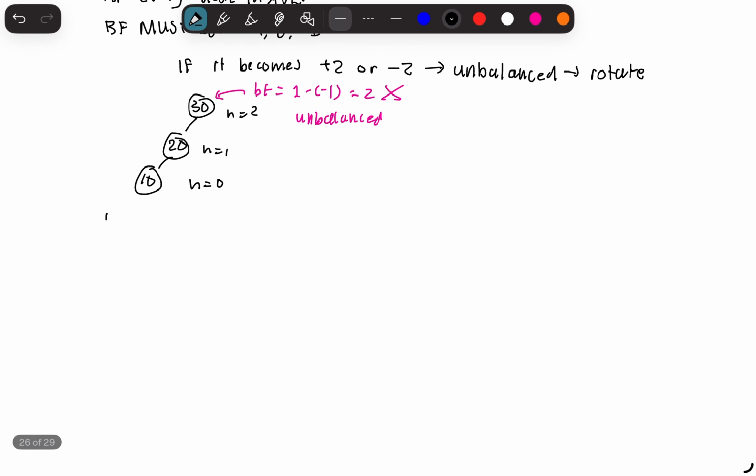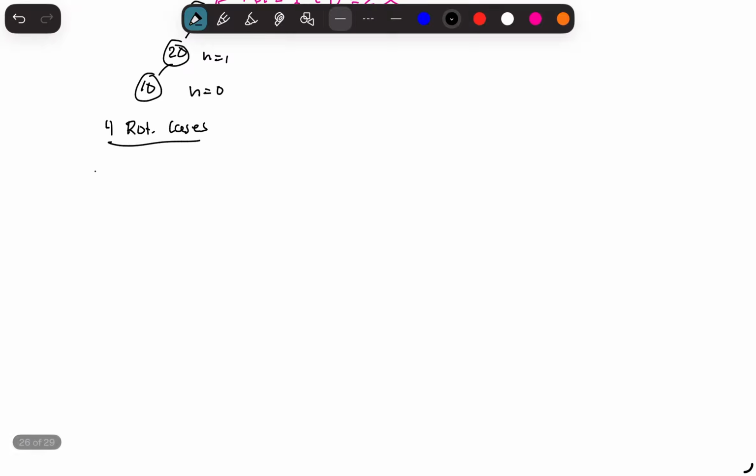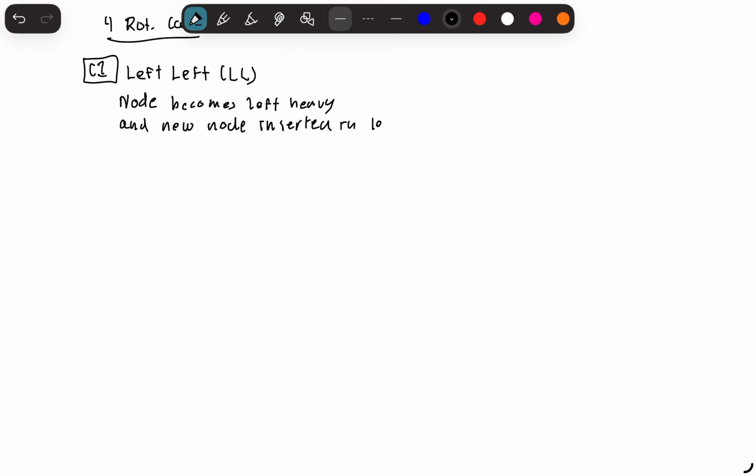Now let's talk about the 4 rotation cases. Basically, you have everything split into these. Case 1 is left, left, LL. This happens when the node becomes left heavy and a new node is inserted in the left subtree of the left child.